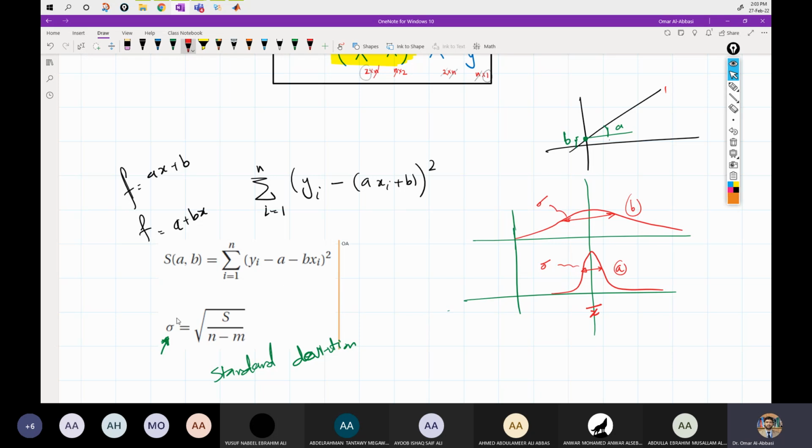Okay, so a higher standard deviation means you have a high spread of data points, and a smaller standard deviation means that most of the points are clustered around the mean value. Right.